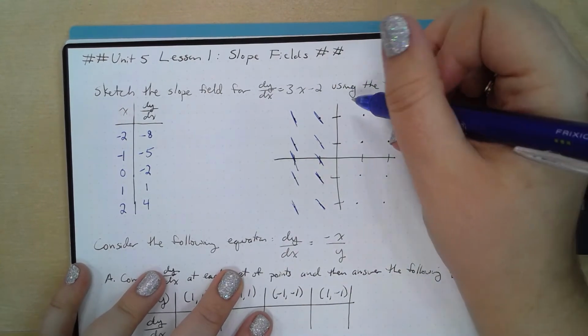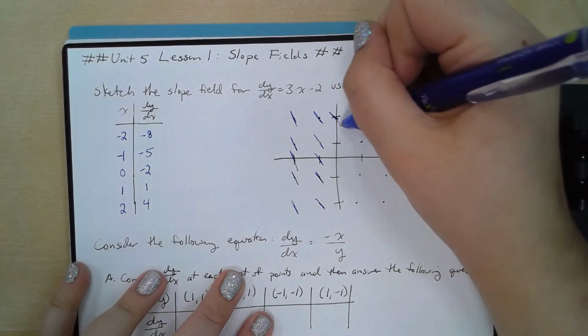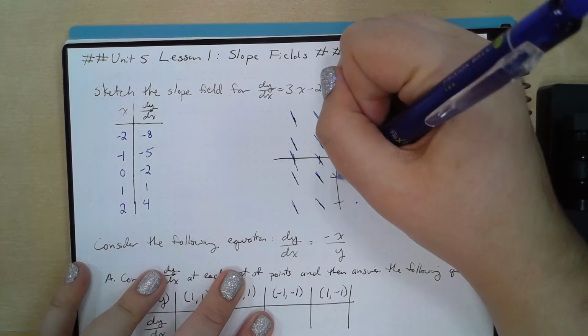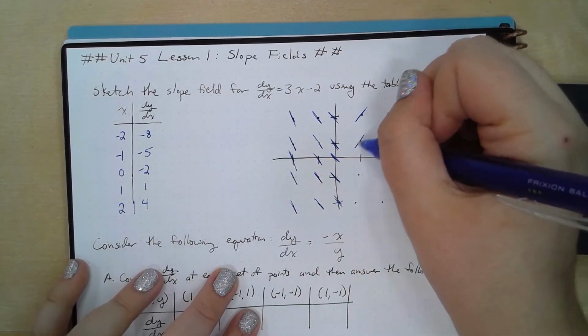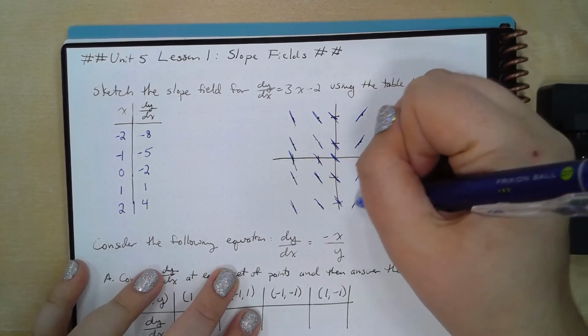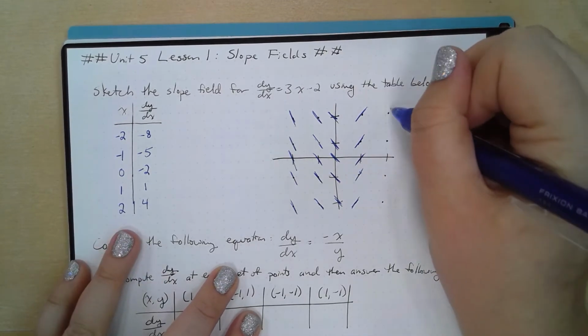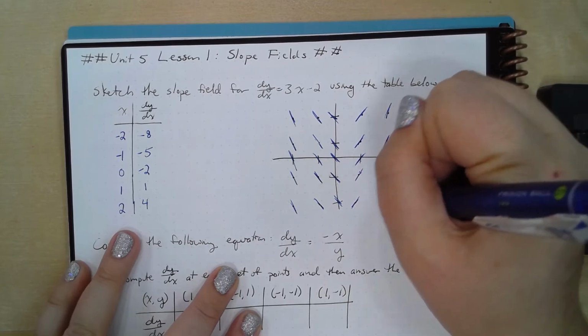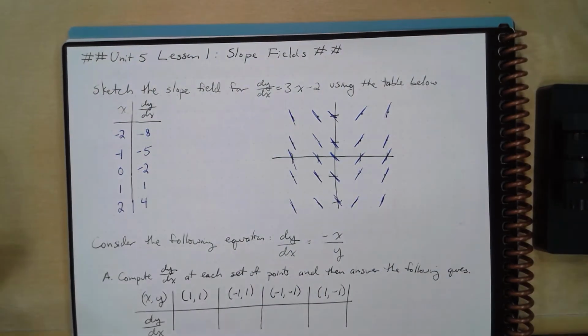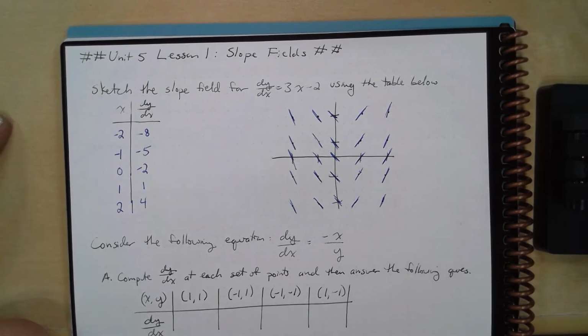When it's 0, it's negative 2, so even less steep. When it's 1, it's 1, okay? And when it's 2, it's 4, so it's steep again. So you can see that this is really not the most accurate, precise thing, but this is a slope field.